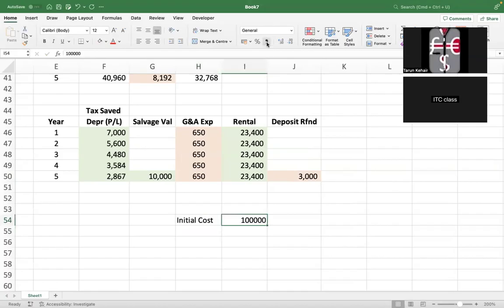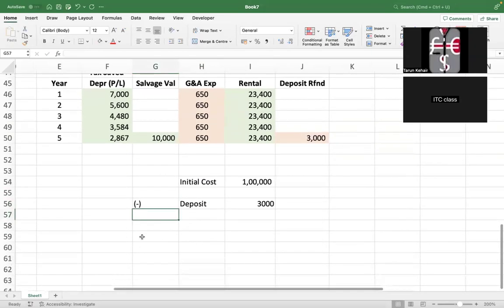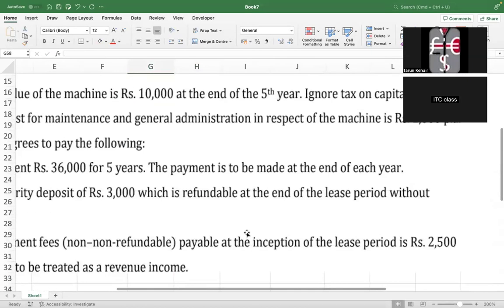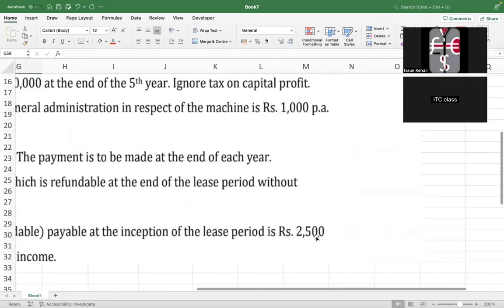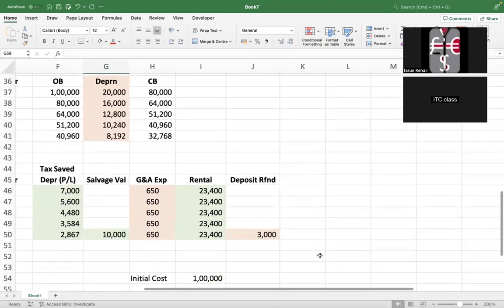Initial cost of the asset is 1 lakh minus you got the deposit, security deposit. How much was it? वो minus होगा because that's an inflow. And also you got 2,500 as management fees, but that's an income. So इस पे tax लगेगा.